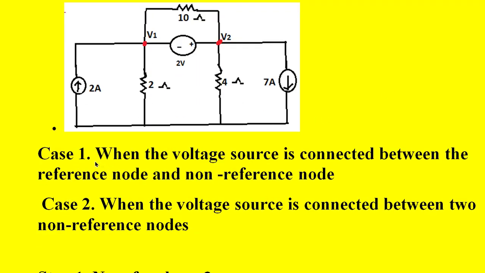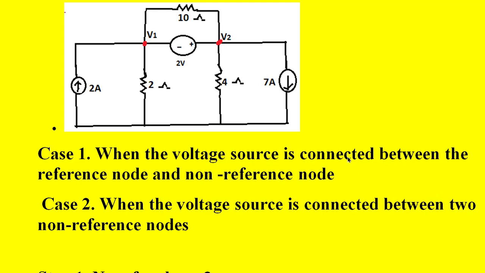There are two cases to say the circuit is a supernode circuit. Case 1, when the voltage source is connected between the reference node and a non-reference node. And case 2 is when the voltage source is connected between two non-reference nodes.